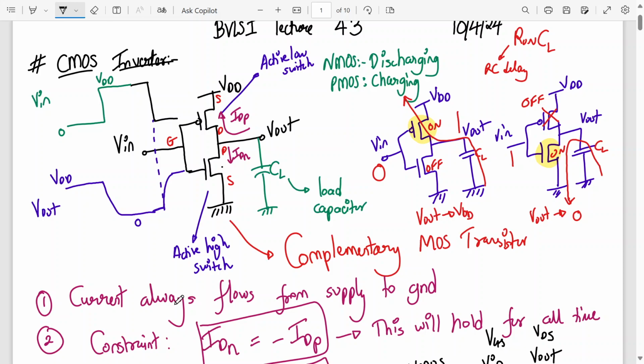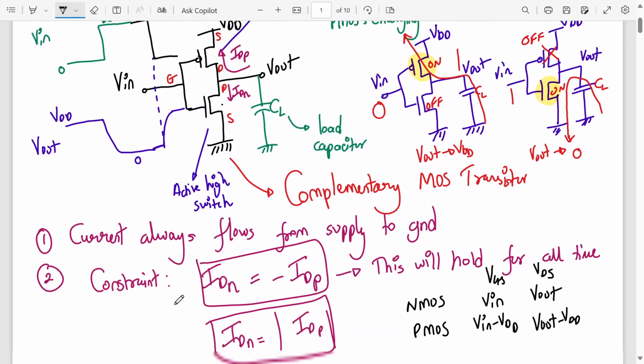Yeah, the other will be 0. That is what we will see now. How will it happen?